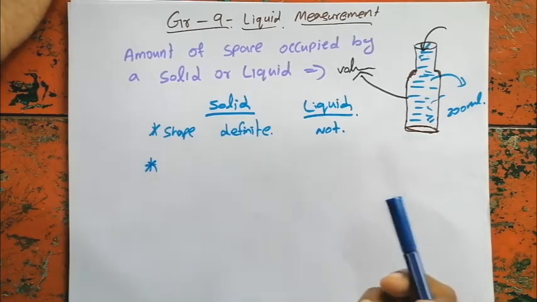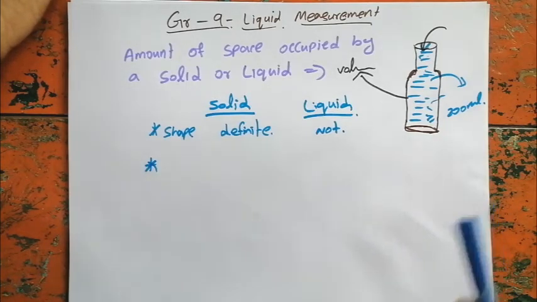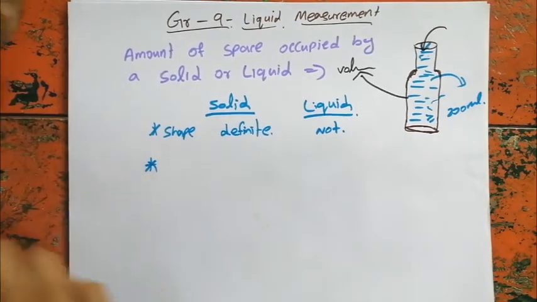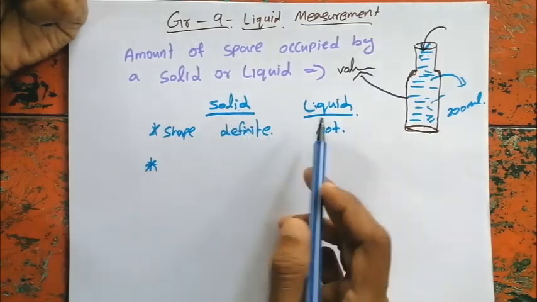So this point will help to find the volume of liquids in the next part of the questions, inshallah. Okay, so first we thought about the shape of solids and liquids.